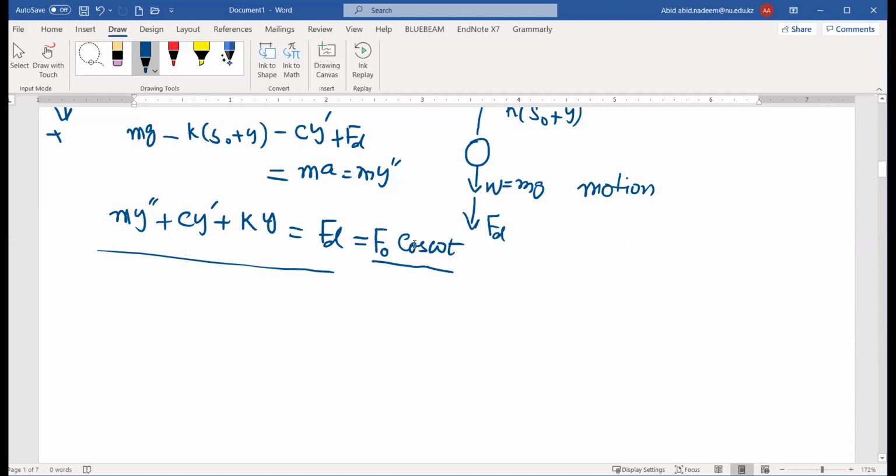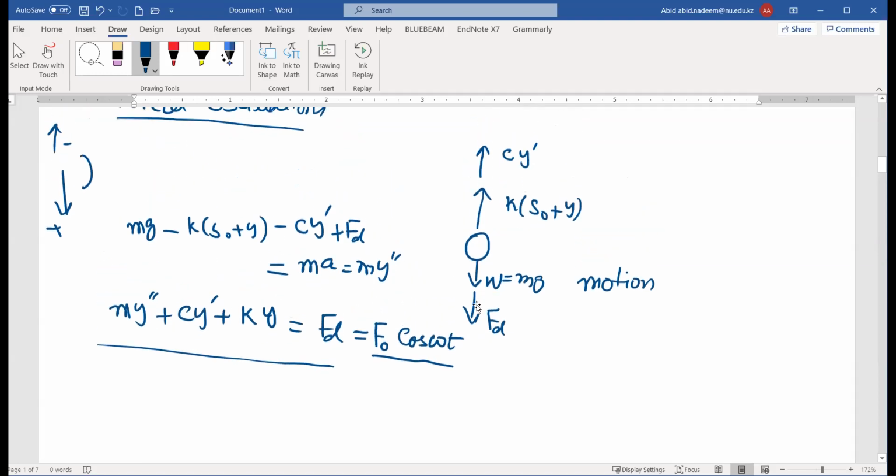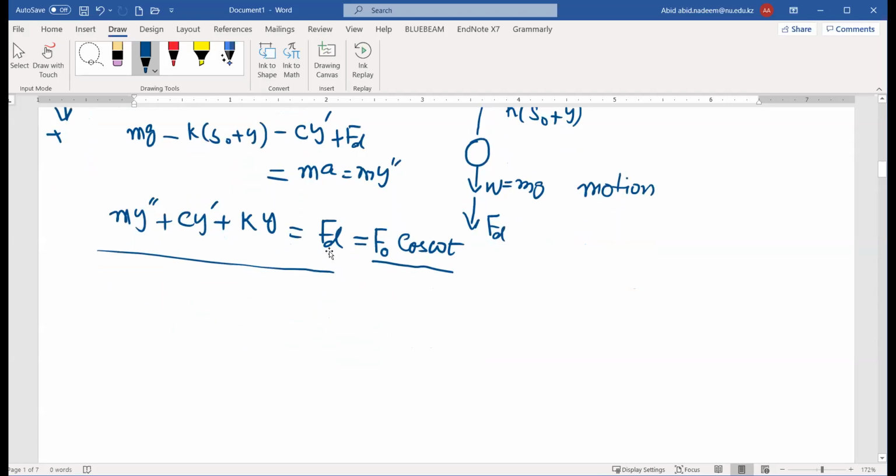So this is the more practical case. It may be some type of piston driving upward or downward. This representation, F naught cosine of omega t, is more representative of this oscillatory motion. So we represent F d by F naught cosine of omega t.